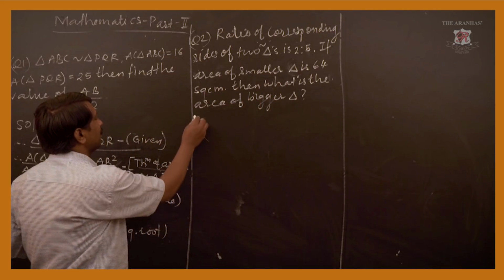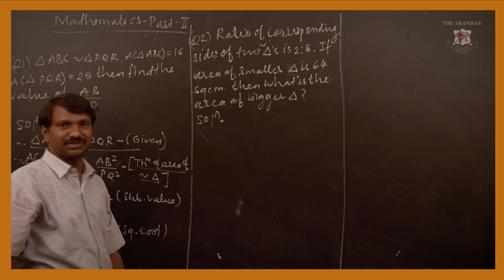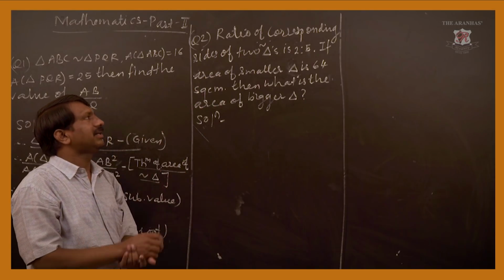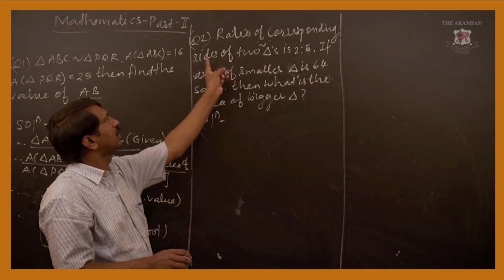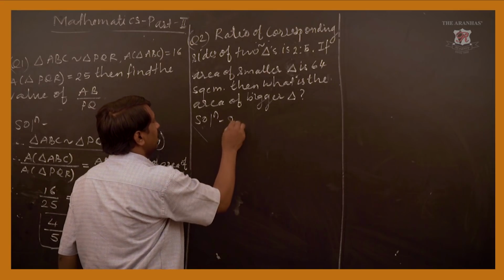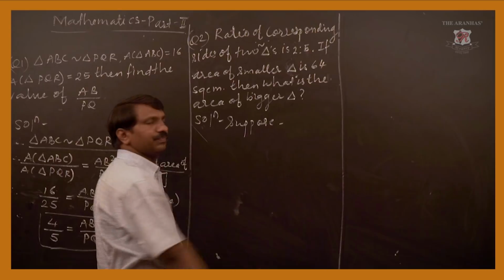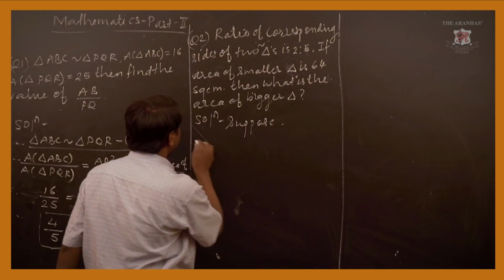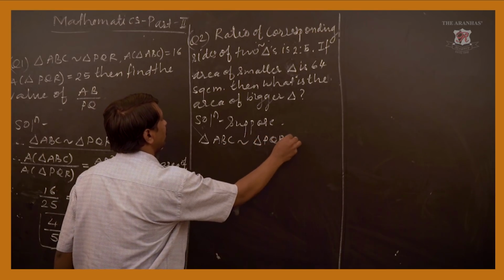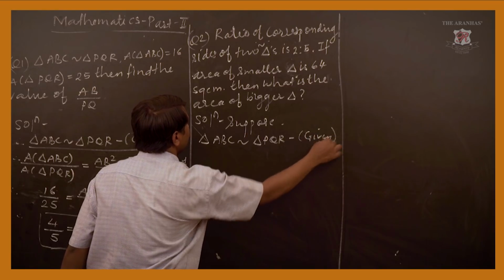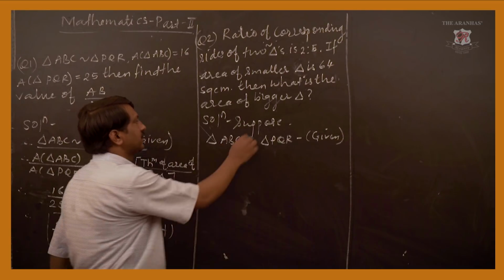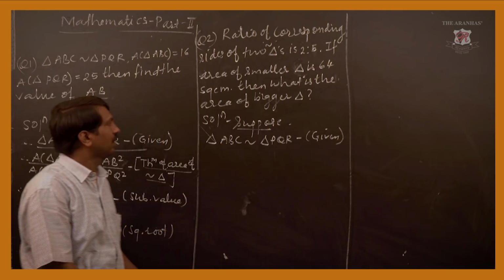You can guess your own triangles. Suppose triangle ABC is similar to triangle PQR, and we write this as the given. Maybe some students will ask how ABC and PQR came; we guessed them here.